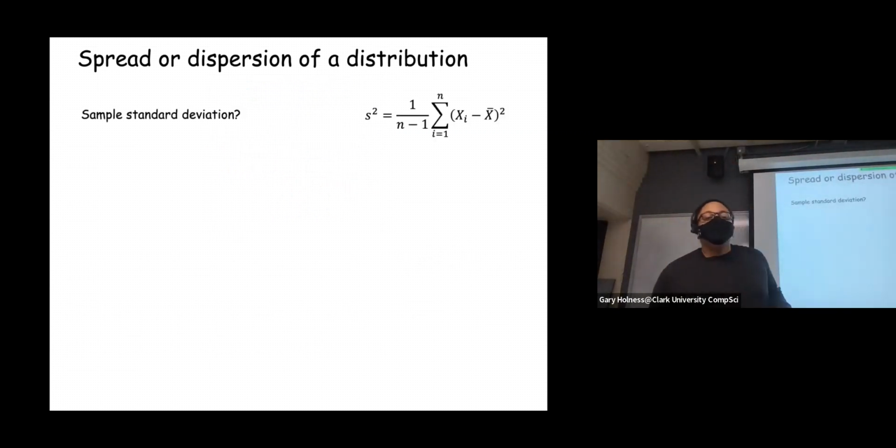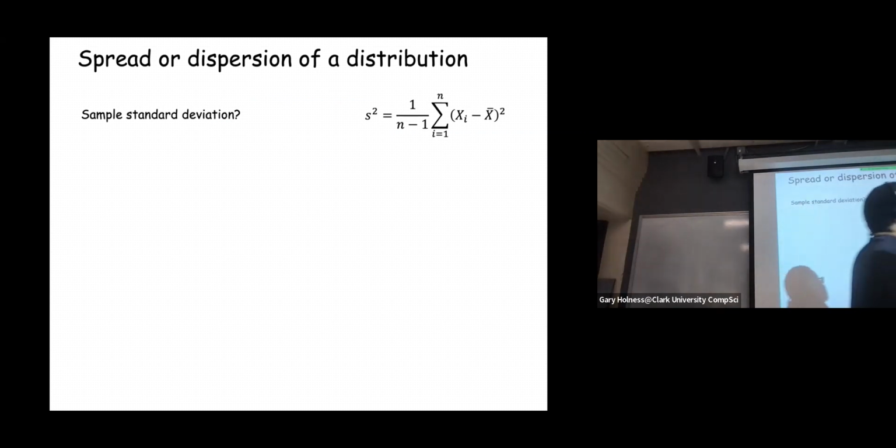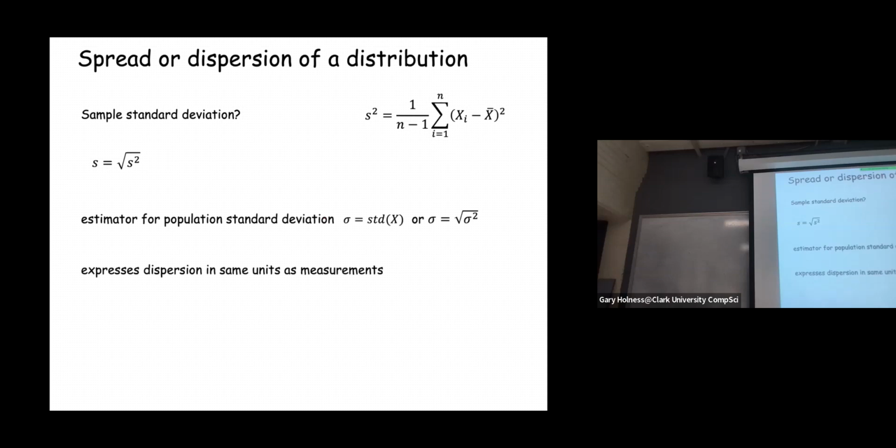And so the standard deviation was intended to repair this issue, to talk about variability, but express it in the same units as the measurement quantity of interest. And so the standard deviation, S, is nothing more than the square root of S squared. So you take your variance, take the square root of it, and this is now your standard deviation, and that expresses the unit that is the same as the measurement.